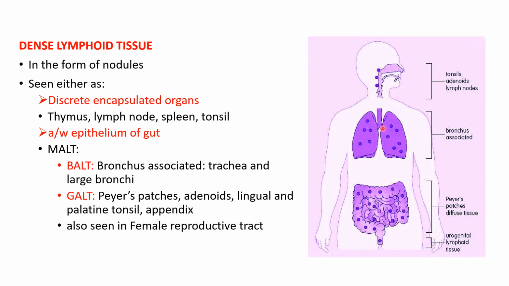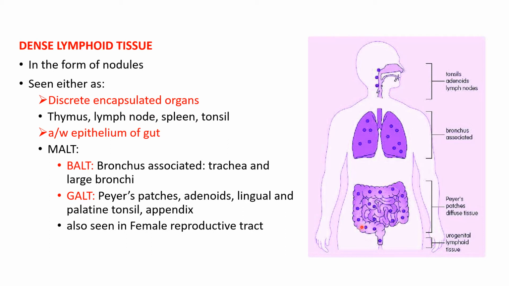Then there is the GALT, the gut-associated lymphoid tissue, where lymphatic nodules are seen in the wall of several regions of the gastrointestinal tract, the prominent among them being the Peyer's patches in the intestines, the adenoids in the nasopharynx, the lingual and palatine tonsils in association with the oral cavity, and also the appendix which is a part of the large intestine.